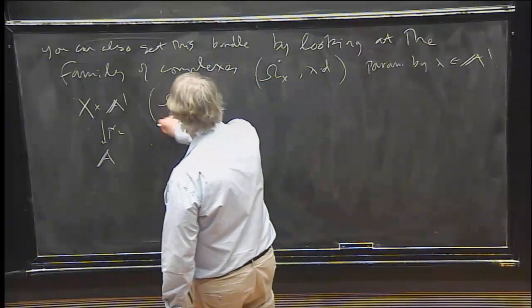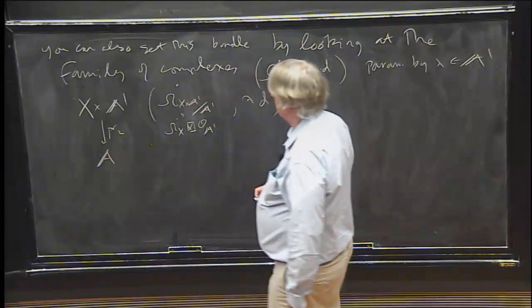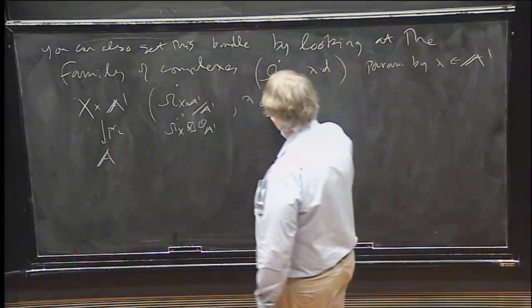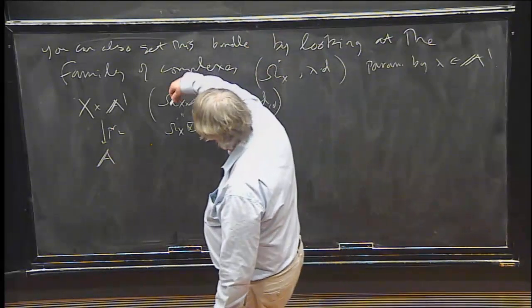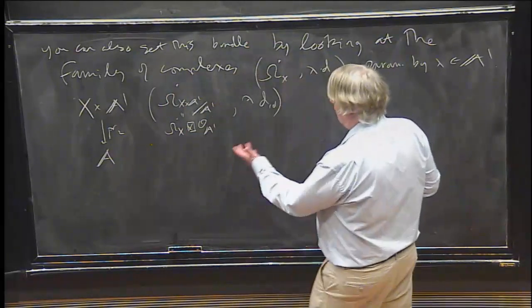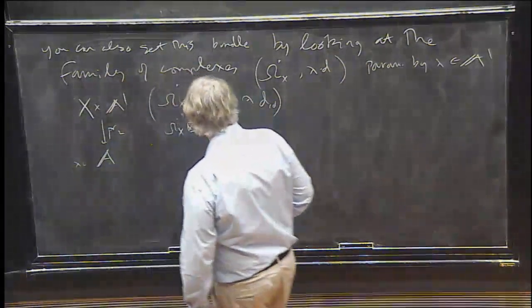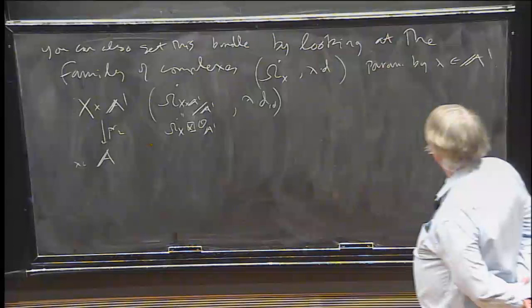Then with the differential, lambda times d relative. So you take the relative differential over A1, but then multiply by lambda, where lambda is the coordinate here. Now you're going to say that looks kind of stupid, which is perfectly correct.